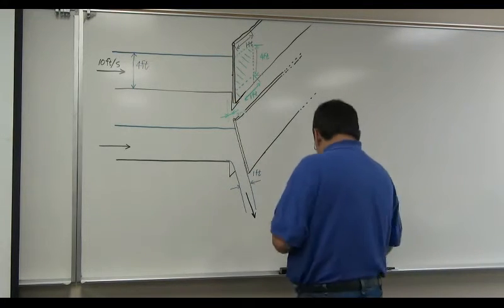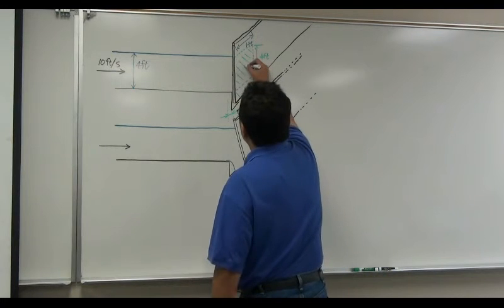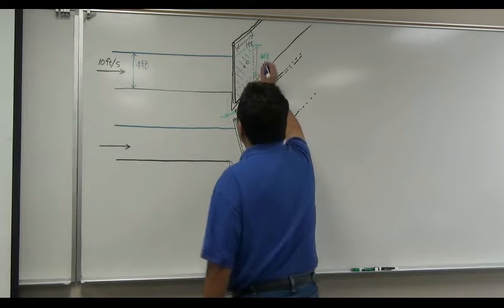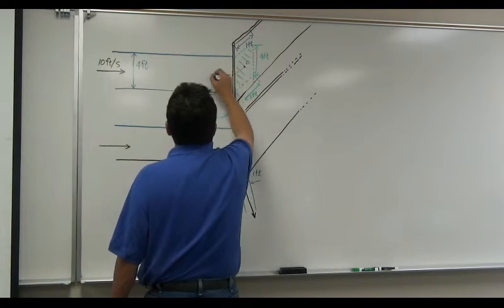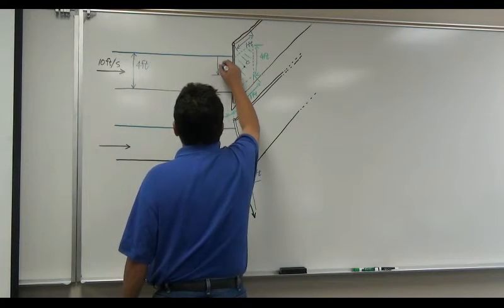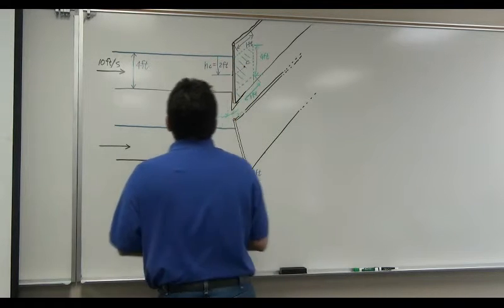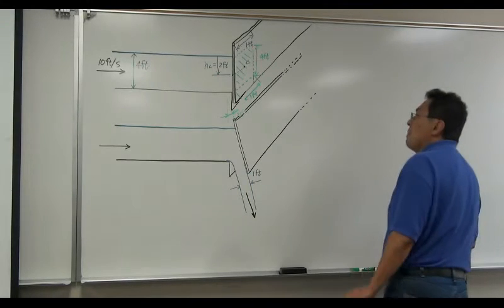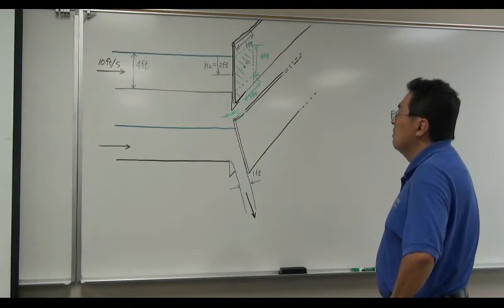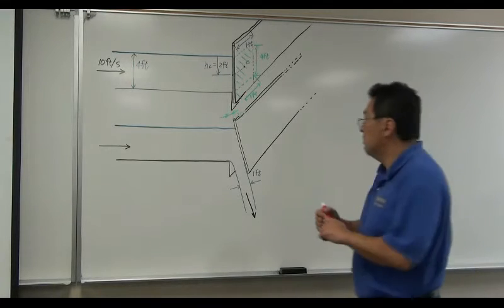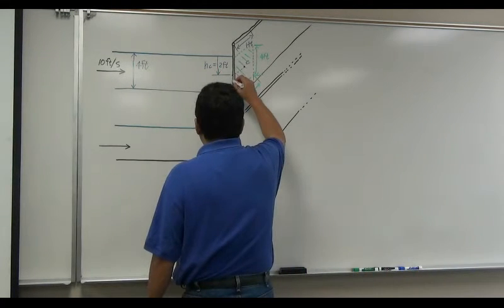So here is the centroid. Centroid of this area is of course 2 feet depth. Well, what happens here? Well, you are going to develop hydrostatic resultant force, which is around here.